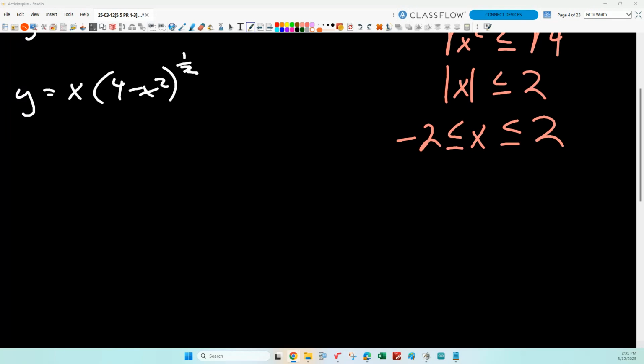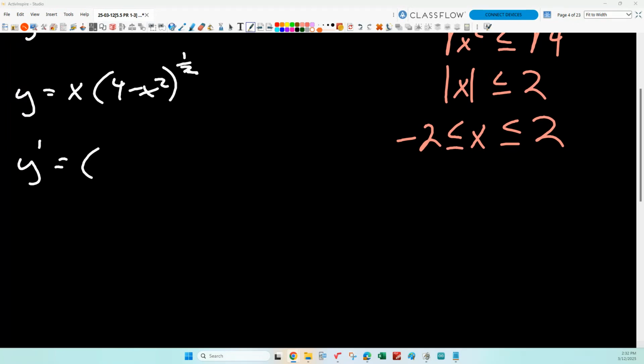Okay, so what do we do when we differentiate that? Product rule, right? So we need product rule. So y prime equals, let's do it this way, so we can have the positive term first. Let's do the derivative of x first.